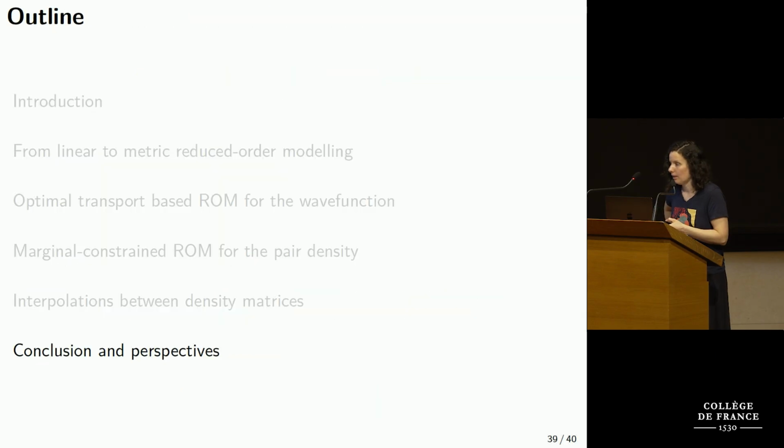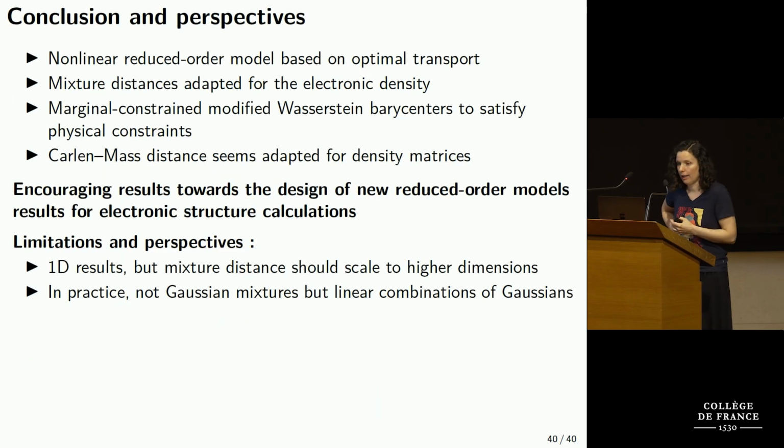Okay, and to finish, I presented different flavors of nonlinear reduced order models based on optimal transport. I wanted to show that if we choose well the metric, then we get more accurate results for the approximation of the solutions.